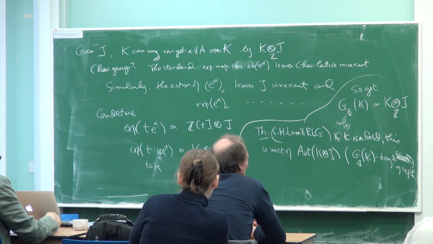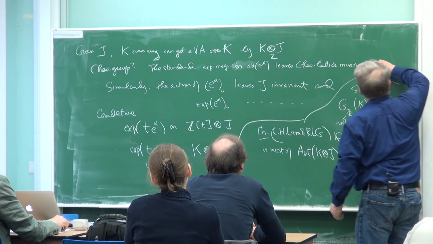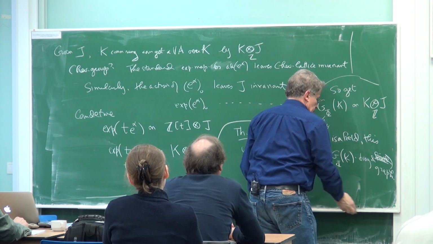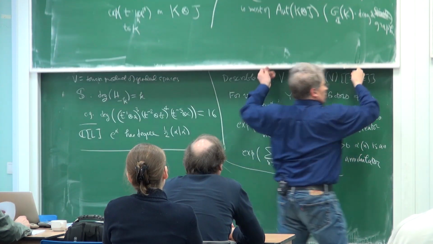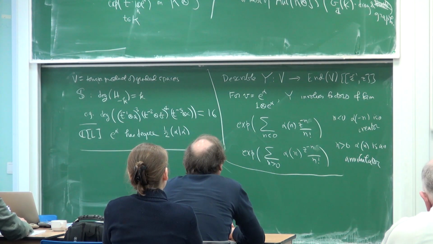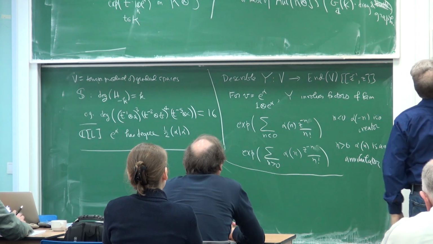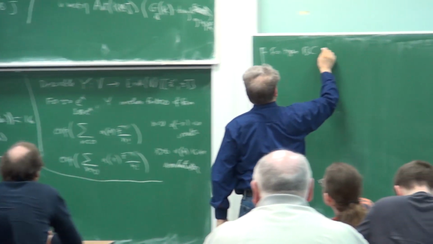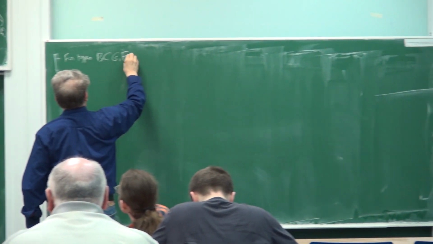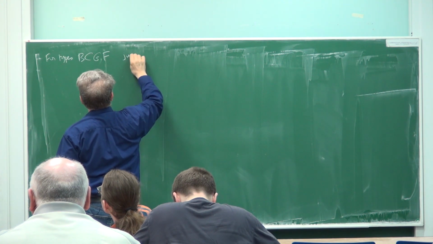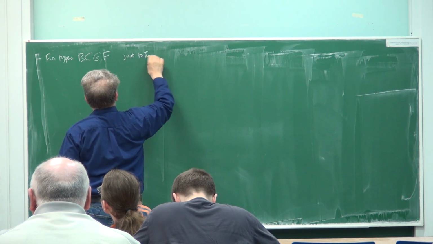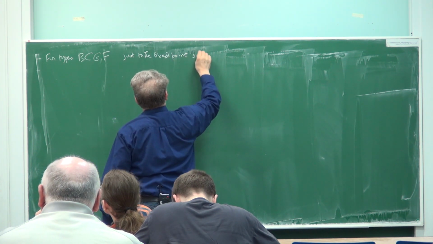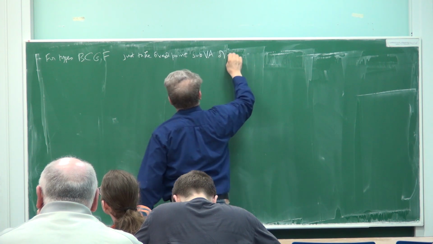I have a few precious moments left. Now, what about these others? Oh, I have another blackboard. For types B, C, G, and F, just take fixed points of graph automorphisms.